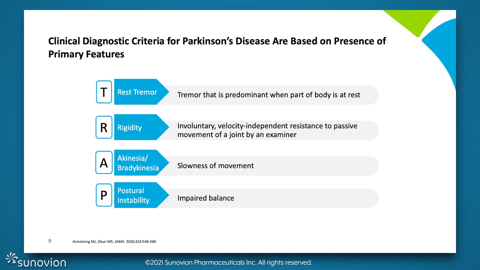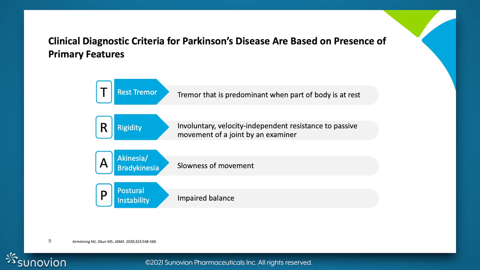Now, some of you may recognize this mnemonic, which includes the three features we've already gone over, but a fourth feature, which is postural instability or impaired balance, is a later classical feature in Parkinson's disease, but often this mnemonic is utilized for the diagnosis. But we need two of these four, as long as one is either rest tremor or bradykinesia. So a patient with rigidity and postural instability wouldn't fulfill the criteria for a diagnosis of Parkinson's disease.